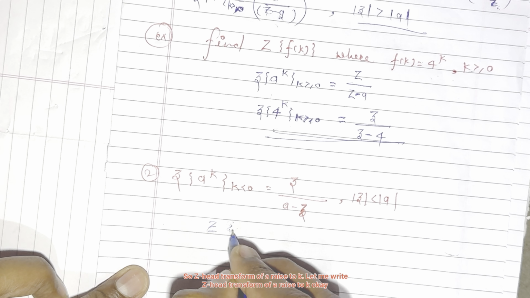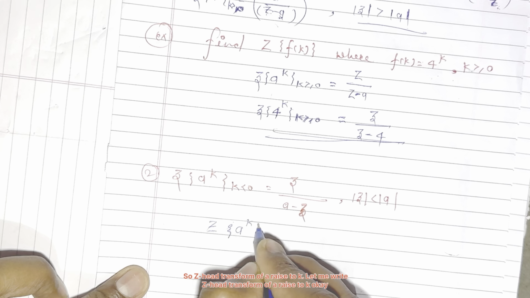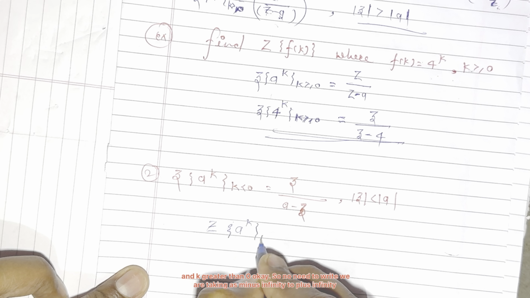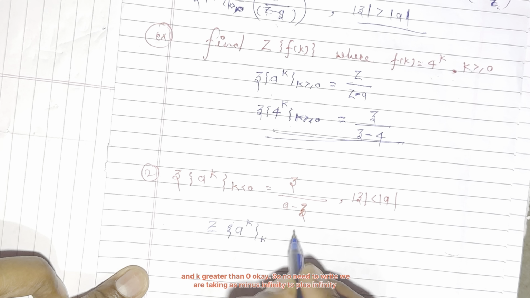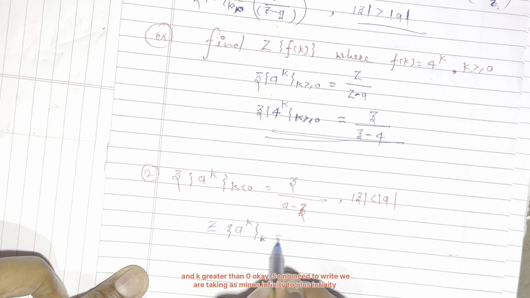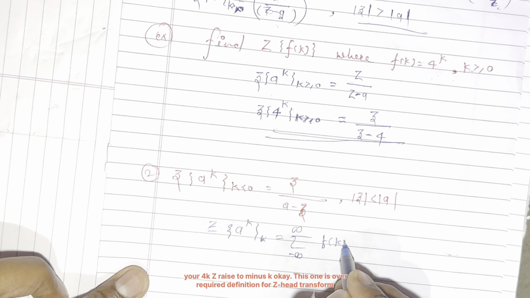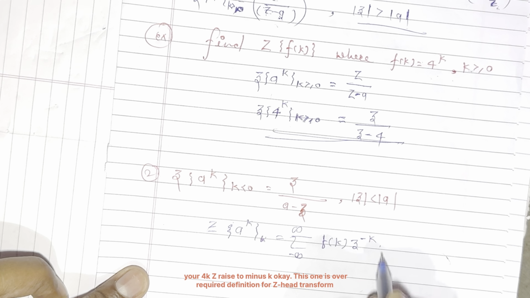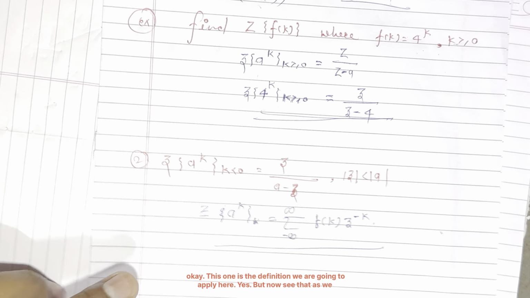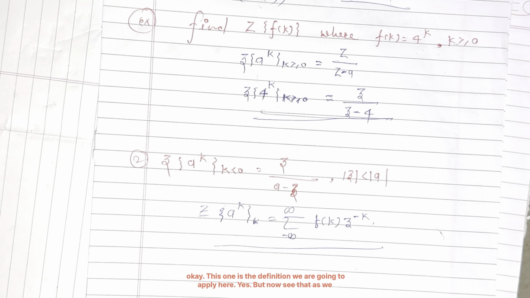We are taking minus infinity to plus infinity, because we are taking negative values here: the sum from minus infinity to plus infinity of f of k z raised to minus k. This is our required definition for the Z transform, and this is the definition we are going to apply here.